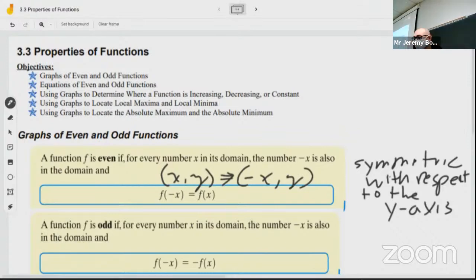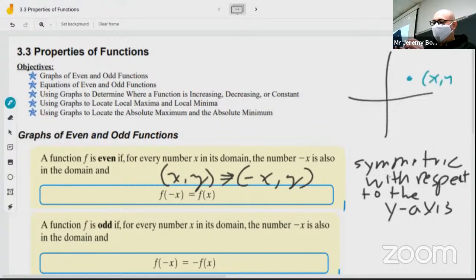Remember, if it's symmetric with respect to the y-axis, if you have a point here, that's x comma y, you're also going to have the opposite point here, negative x comma y. So what that means is that if a function is even, it needs to be symmetric with respect to the y-axis. Any questions on that?